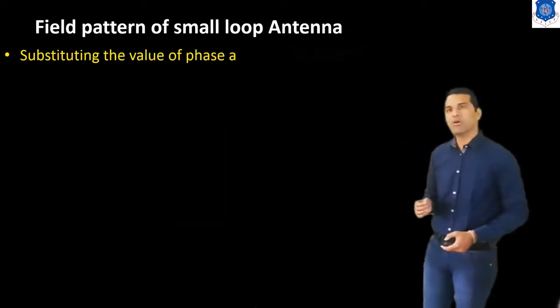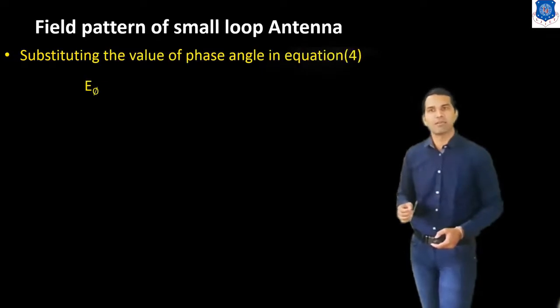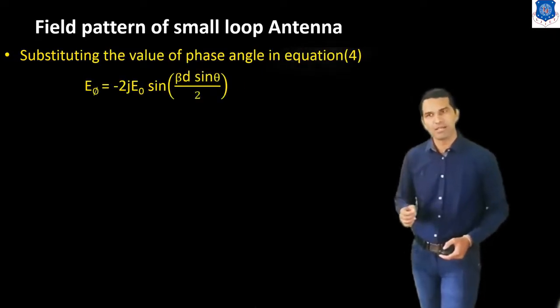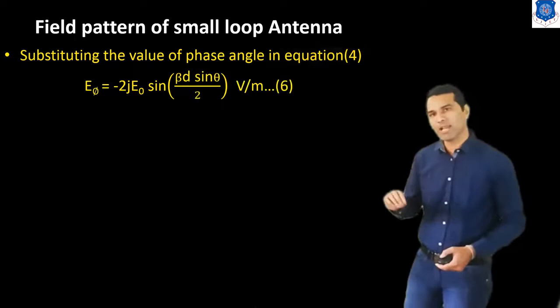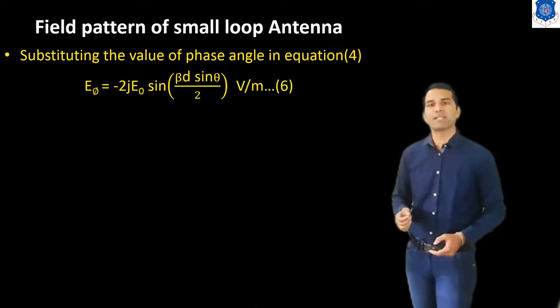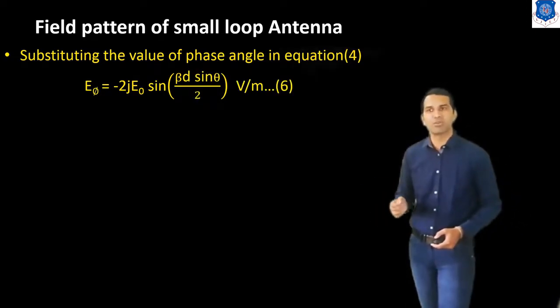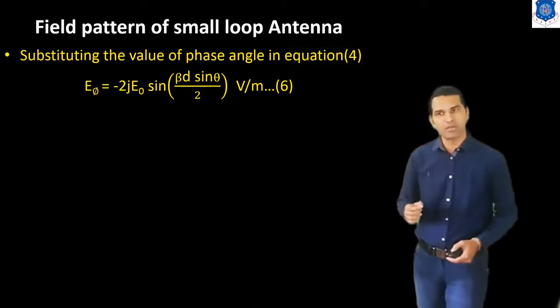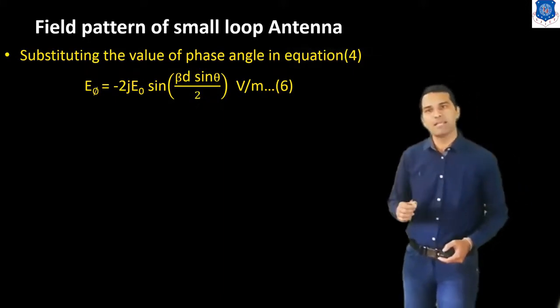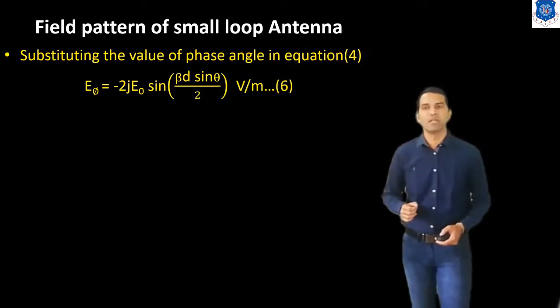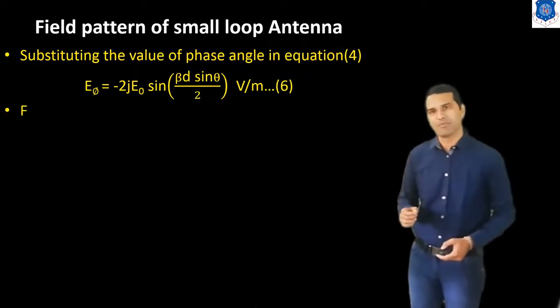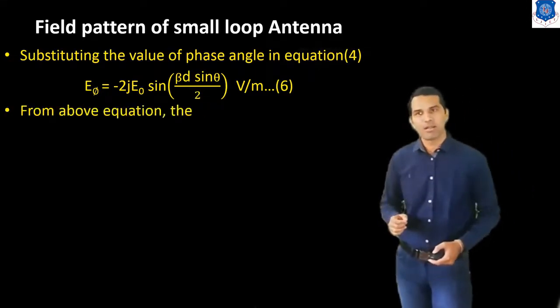Substituting the value of the phase angle in equation number 4, finally we get E phi equals minus 2j E0 sin of beta d sin theta by 2, and the unit is V by m, that is volt per meter.